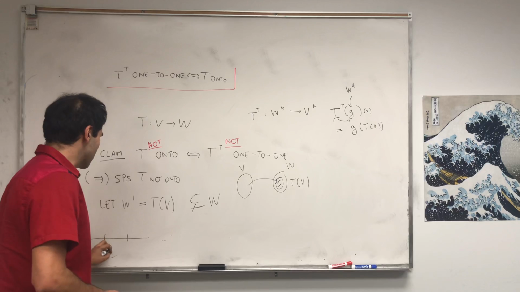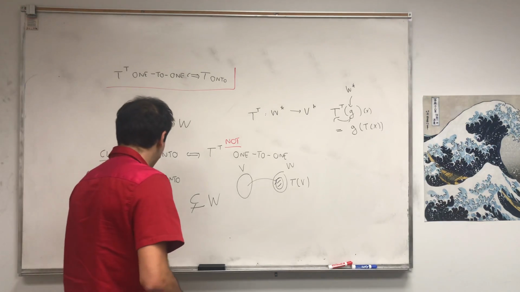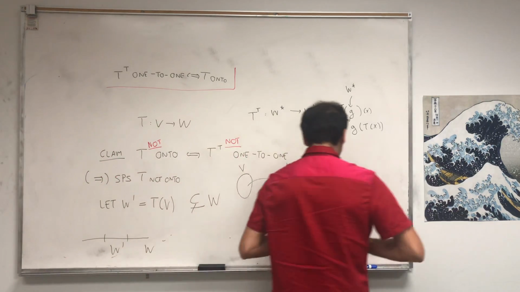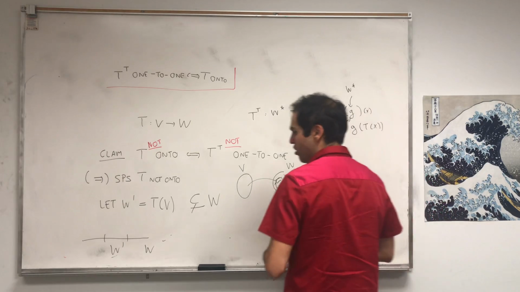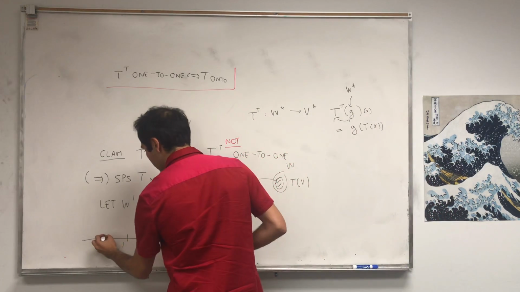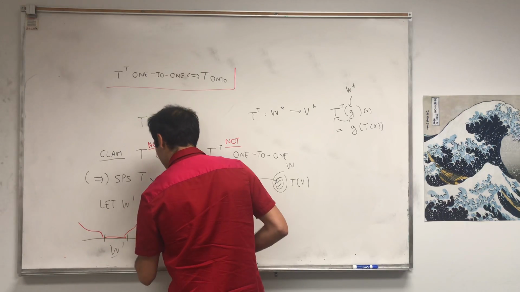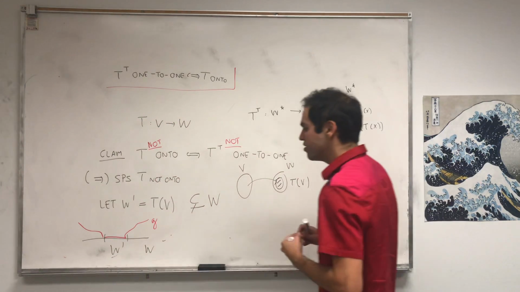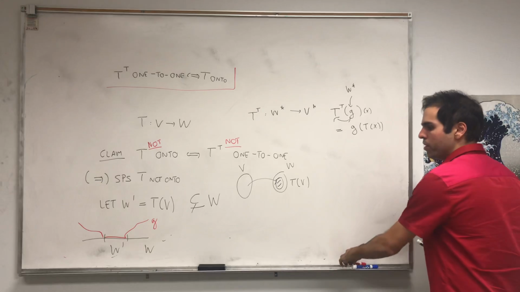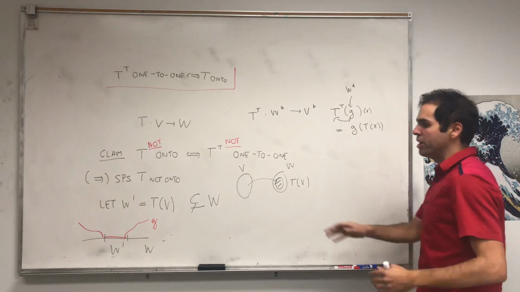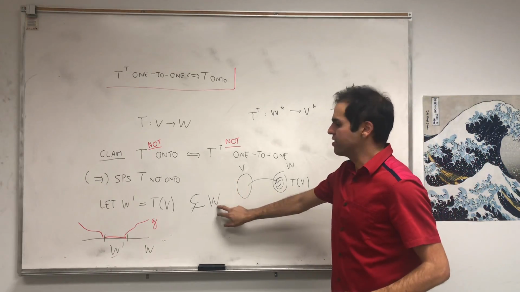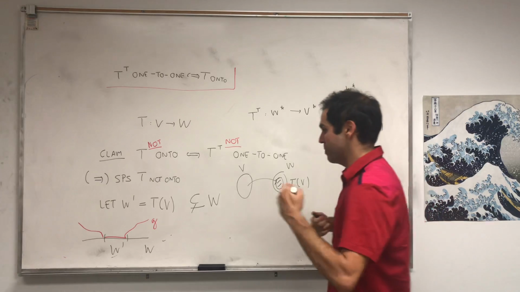So in terms of pictures, this is W prime, this is W. We can actually find a functional, let's call it G. That is 0 on W prime, but not 0 everywhere. And this is where we needed the strictness of the subspace.